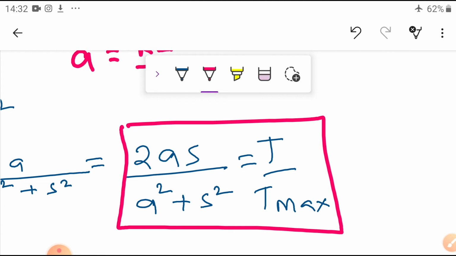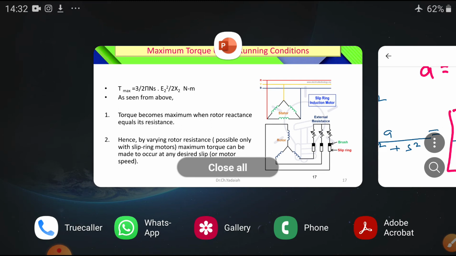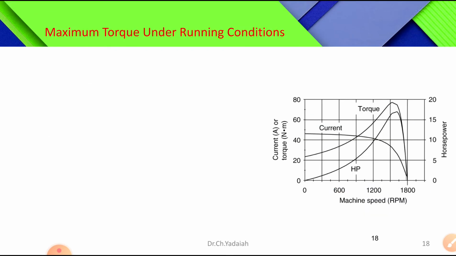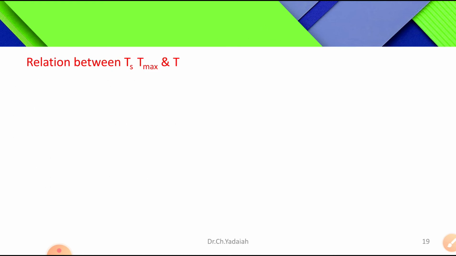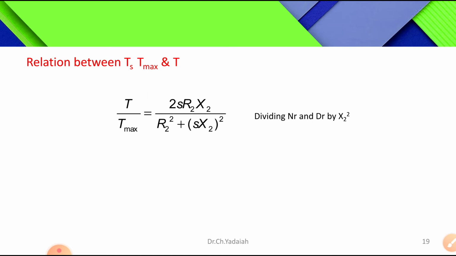Okay, dear students, just use the simplification of this one too. The relation between the Ts and Tmax and full load torque: we took T by Tmax and substituted the values from the equation we took here.